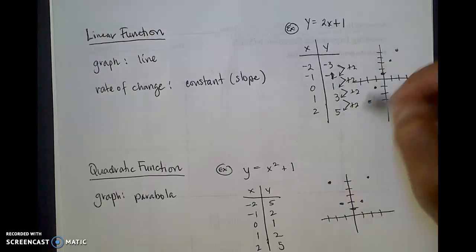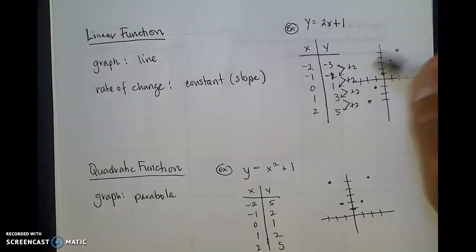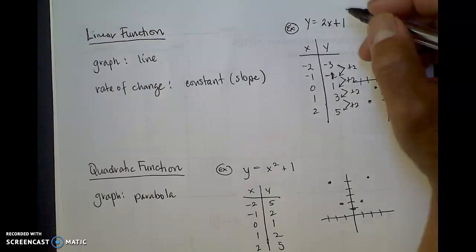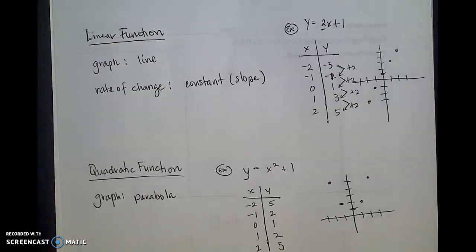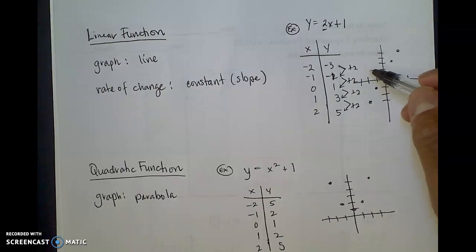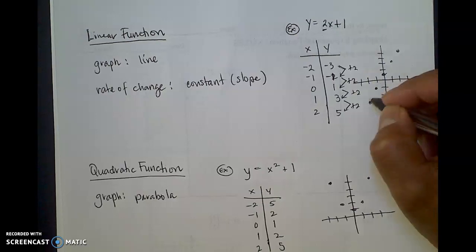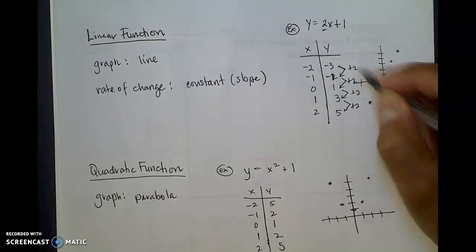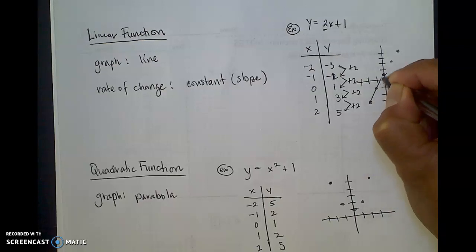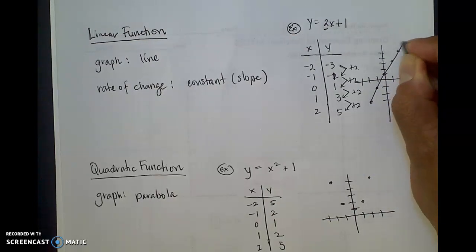And that 2 value is our rate of change. And it's constant. And again, with our function, that rate of change is the slope. So it's that constant rate of change which allows our graph, when we plot the points, to form the line.